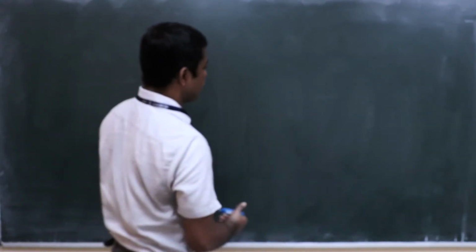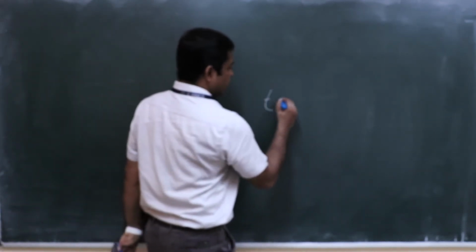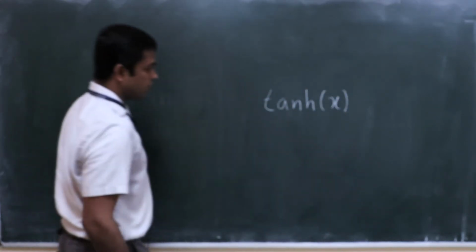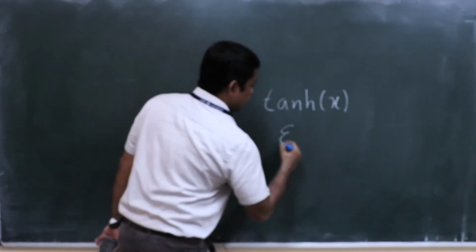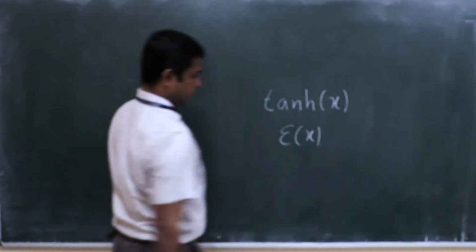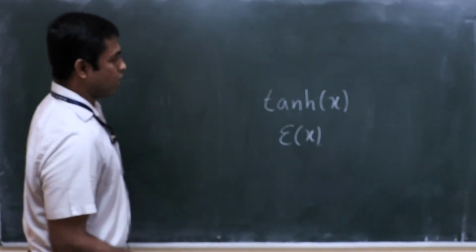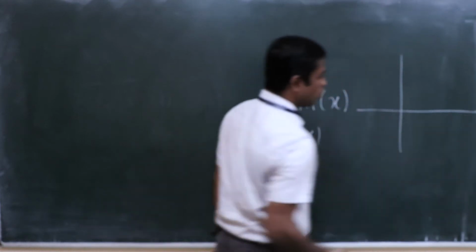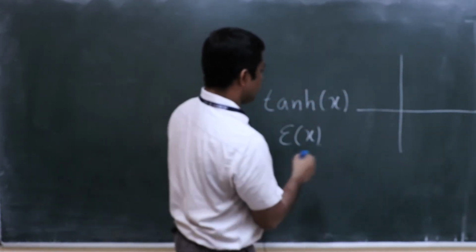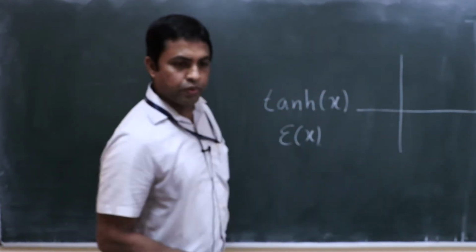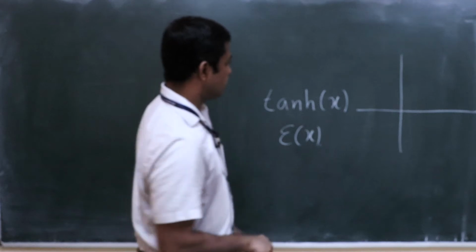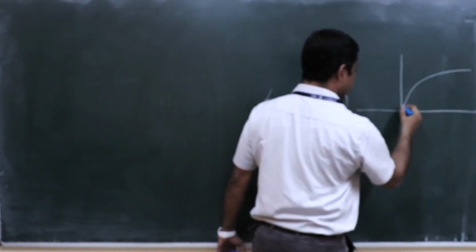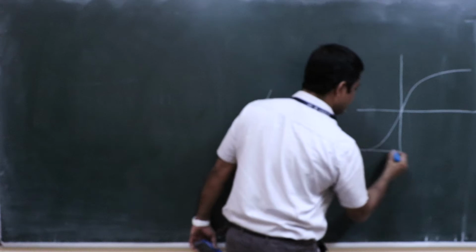So can you find out a relation between tan hyperbolic x and epsilon of x? How does tan hyperbolic x look like? It goes to 1 and minus 1, right?